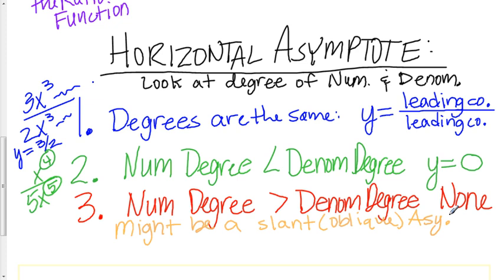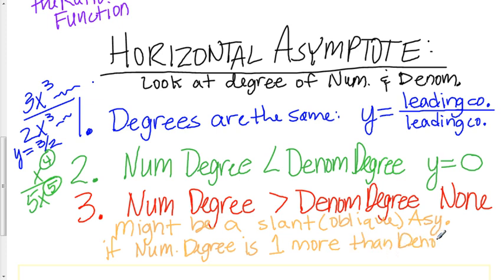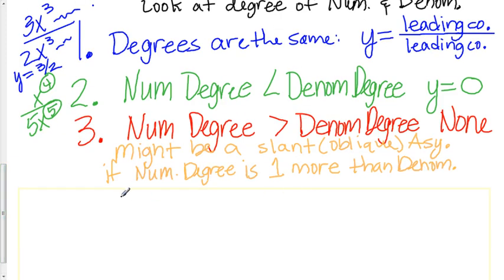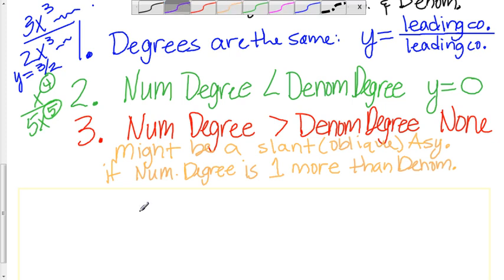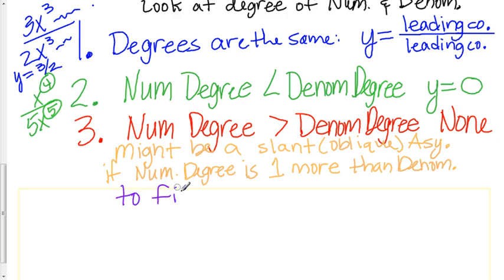And the way that you would find that out is if the numerator degree is one more than the denominator. And if that is the case, then to find it, all you have to do is divide them.